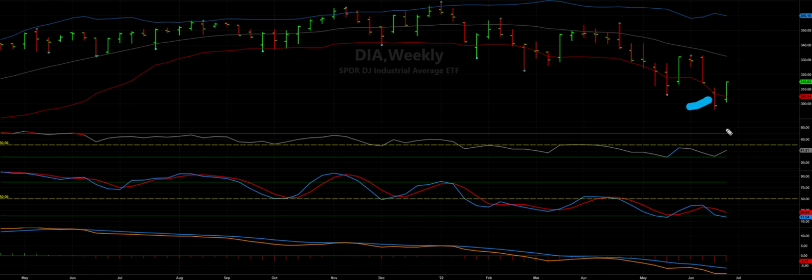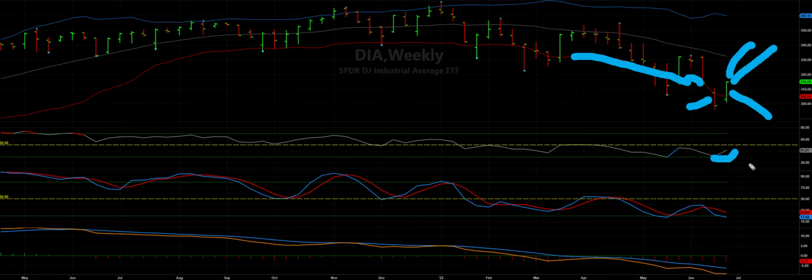Now last week we were trying to set up the signal week, where you see prices close back above the lower Bollinger Band. The RSI got back off of 30.